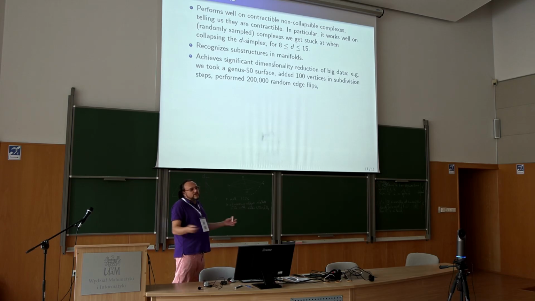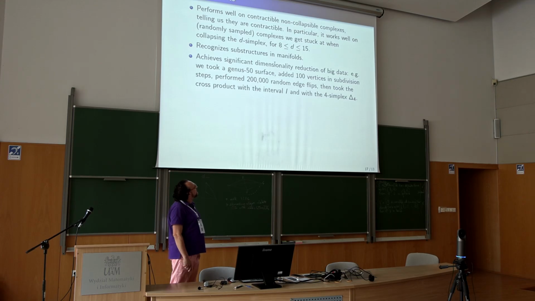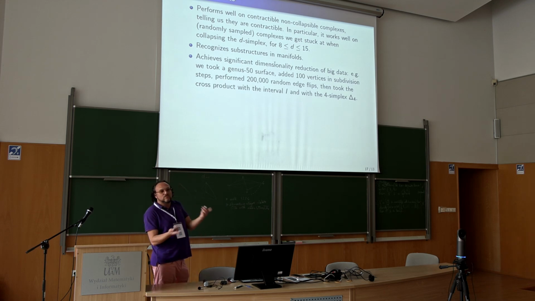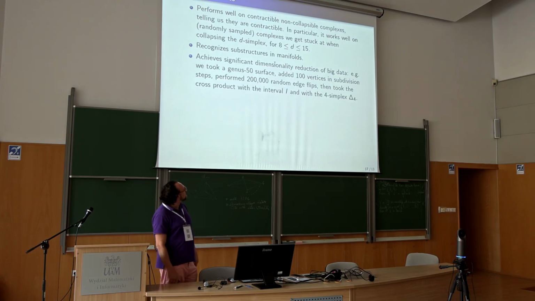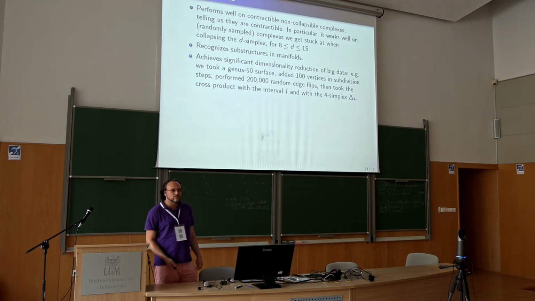We performed 200,000 random edge flips. And then we took a cross product with a 5-dimensional cube, prism, or something like that. So the result is a thickening of the original surface. From the point of view of topology, it's just the original surface cross some trivial space, cross a 5-cube. It's not a 5-cube, but topologically, a 5-cube.